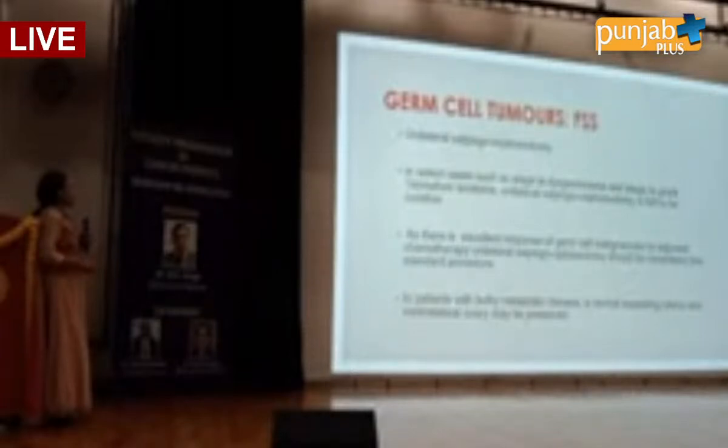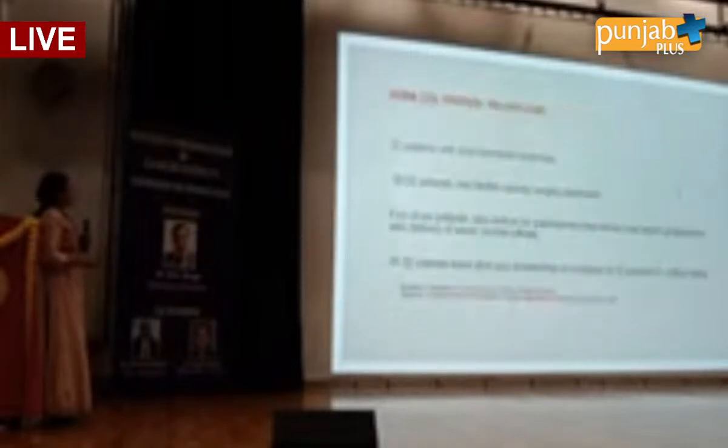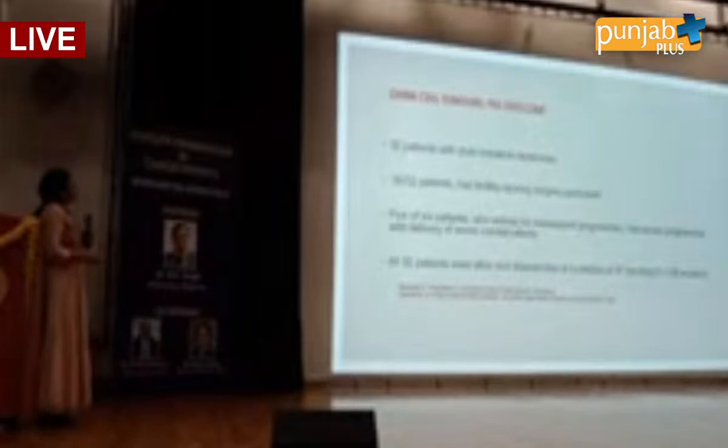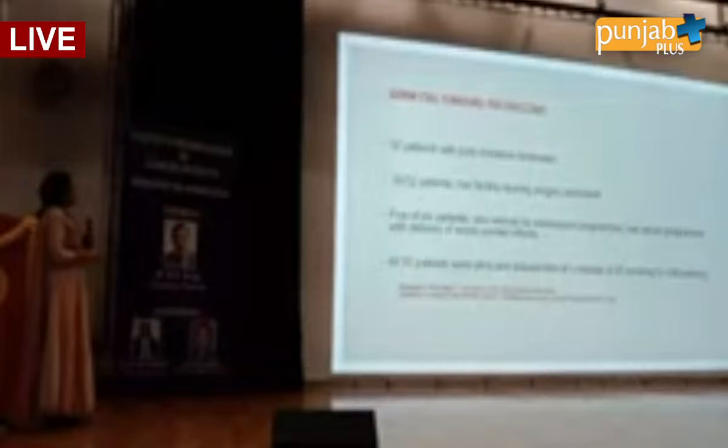And in patients with bulky metastatic disease also, when the uterus is normal appearing and contralateral ovary is also normal, the contralateral ovary and uterus may be preserved. So this was the data on fertility sparing. This was again published in DSAIA. There were 32 patients with pure immature teratoma, and out of those, 30 patients underwent fertility sparing surgery.